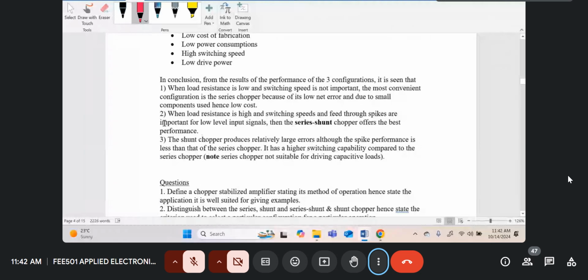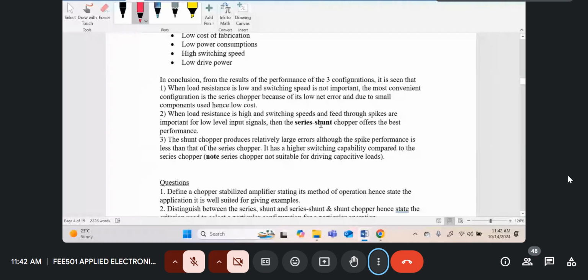Now, number two conclusion is that when the load resistance is high and the switching speeds and feed-through spikes are important for the low-level signals, then the series shunt chopper offers the best performance.